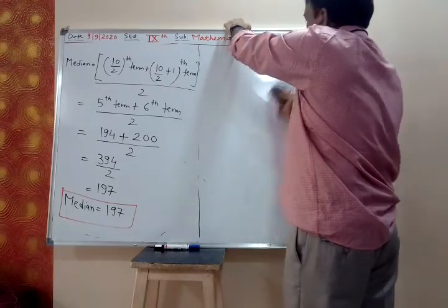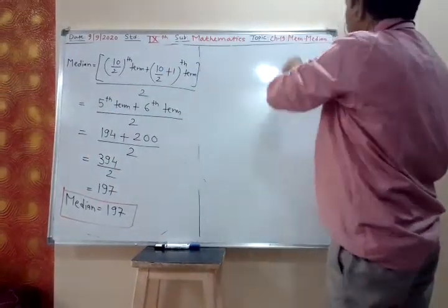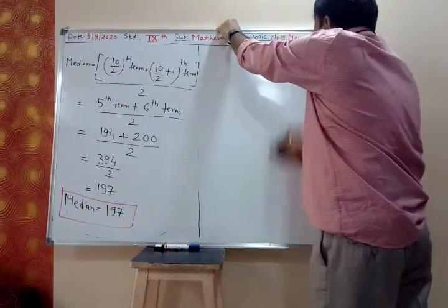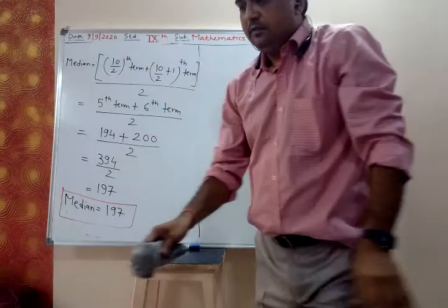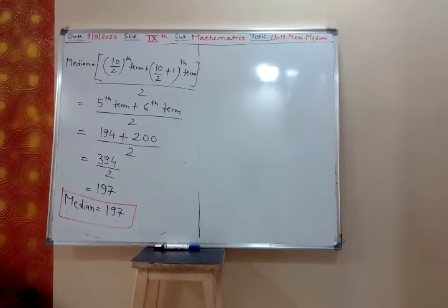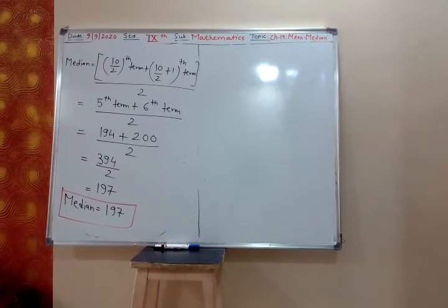In median it is important to arrange the data in the ascending order. If without arranging the data in ascending order you go for solving the problem, you may get the wrong answer. So our job is first to arrange the data in the ascending order.